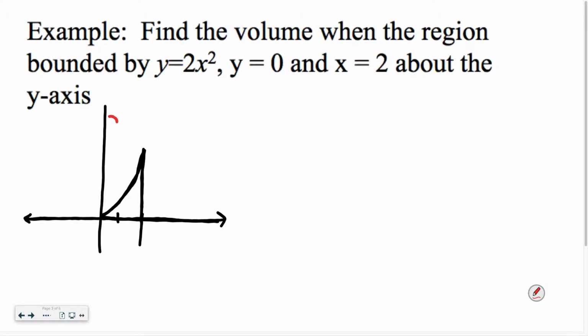Now we are going to rotate about the y-axis. And in order to create discs or washers, in this case washers, we need these rectangles with thickness dy. Imagine these rotating around. Are you imagining those rectangles creating washers?